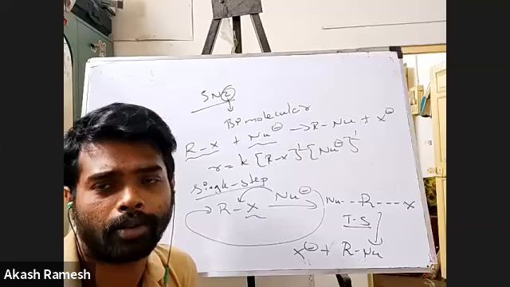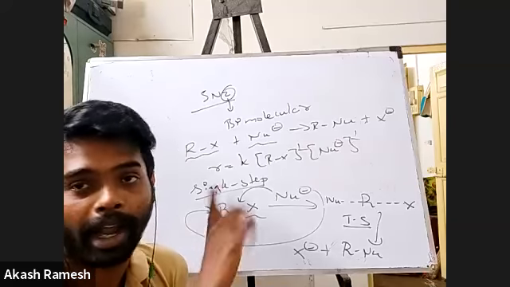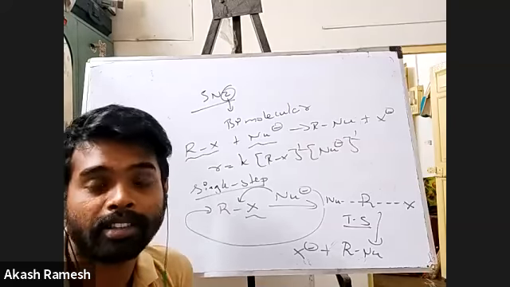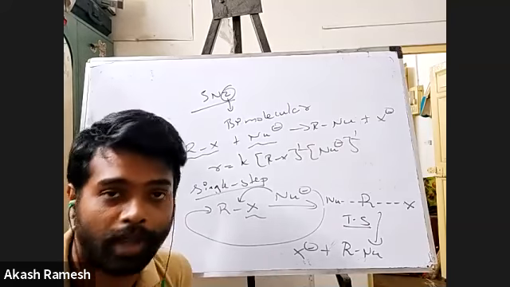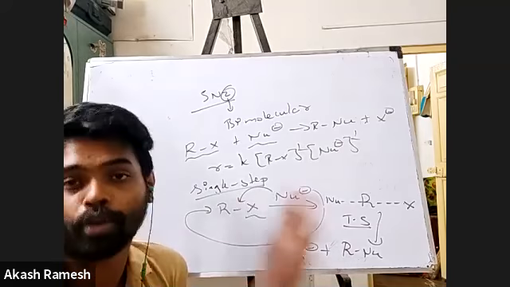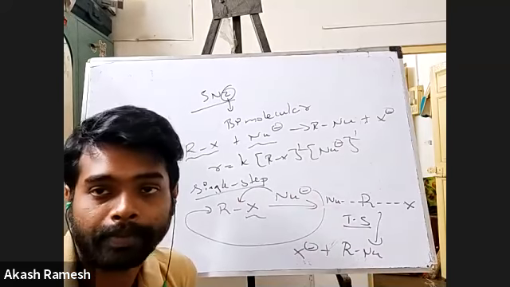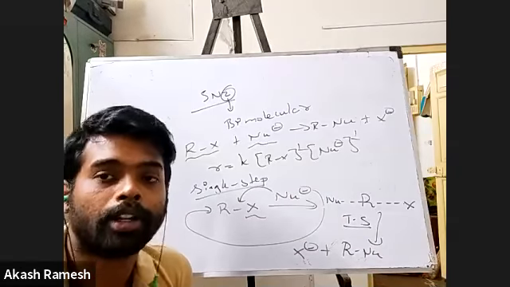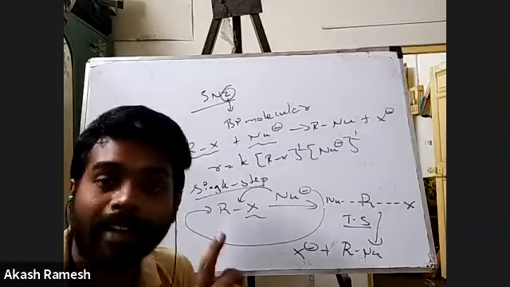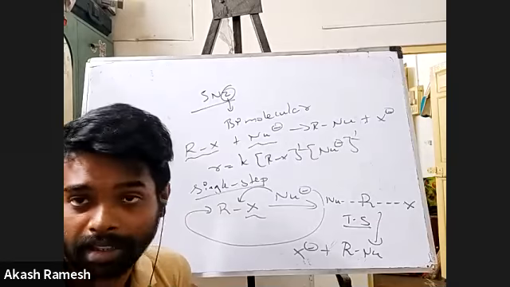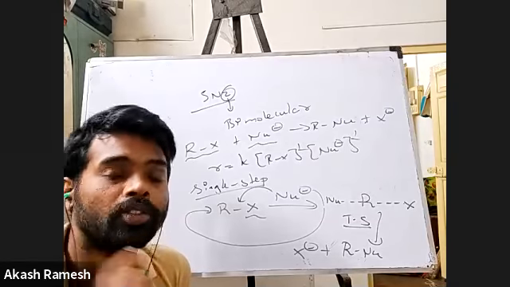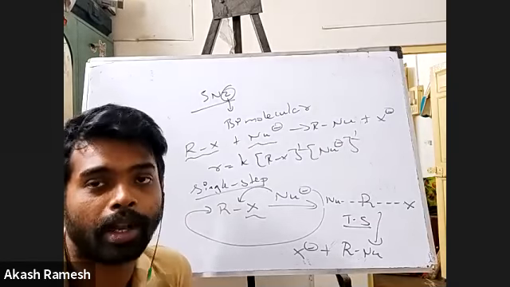Now, what are the other things we have to know? One thing is the kinetics: it is a second-order, or bimolecular, reaction. The rate depends on both the alkyl halide and the nucleophile, and you have to know the mechanism. Now, you have the other mechanism, SN1, also. What kind of substrates, that is alkyl halides, will undergo SN1?